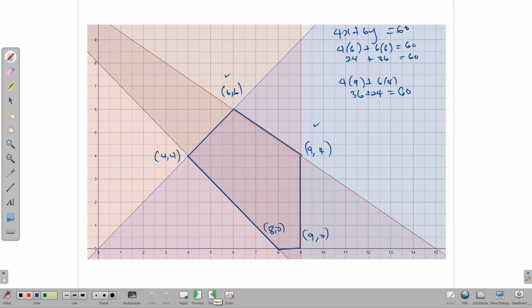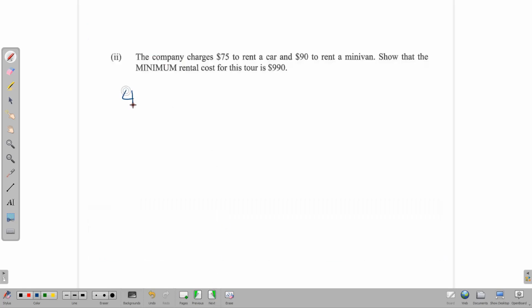So 4x plus 6y equals 60. Well, no, we're going to need a different expression, because we're dealing with the cost now. Remember, x is for cars, so it's 75x plus 90y for the minivans, and we're to show that the minimum cost is that.